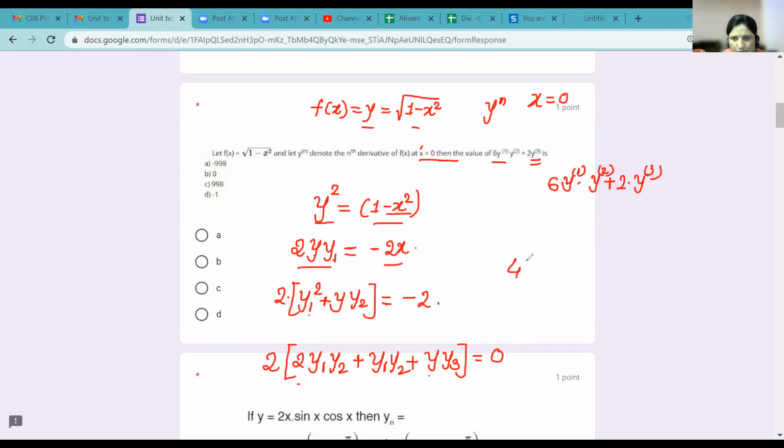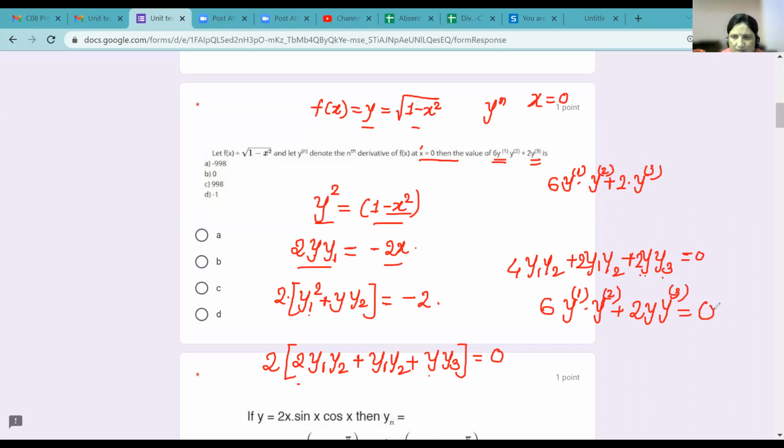Here it will be 4y1 y2 plus y1 y2 plus y3, sorry, it is 2. It is also 2. y3 is equal to 0. Now we have to find out 6, 6y1 y2, there it is addition. So 6 here comes into this, plus 2y3 is taken here. Here we need 2y3. What value do we get for 2y3? We get zero. It is 0. So option B is the correct option.